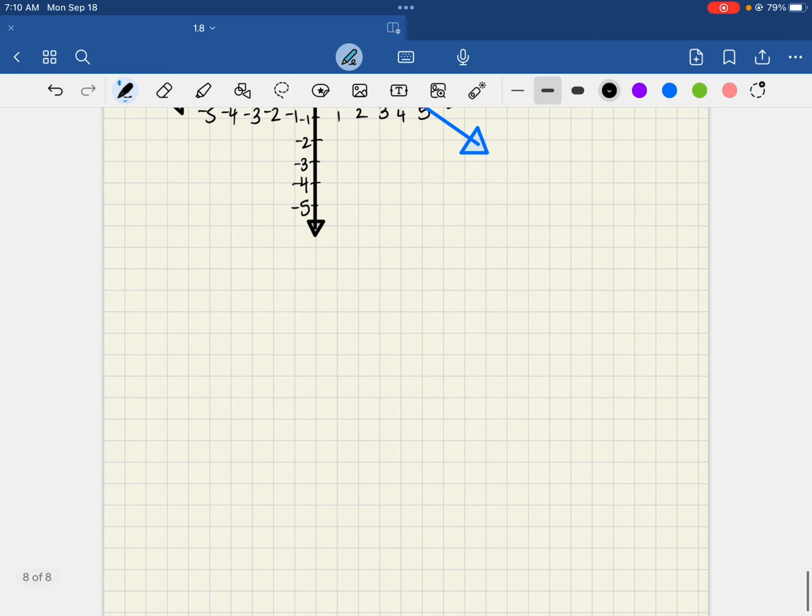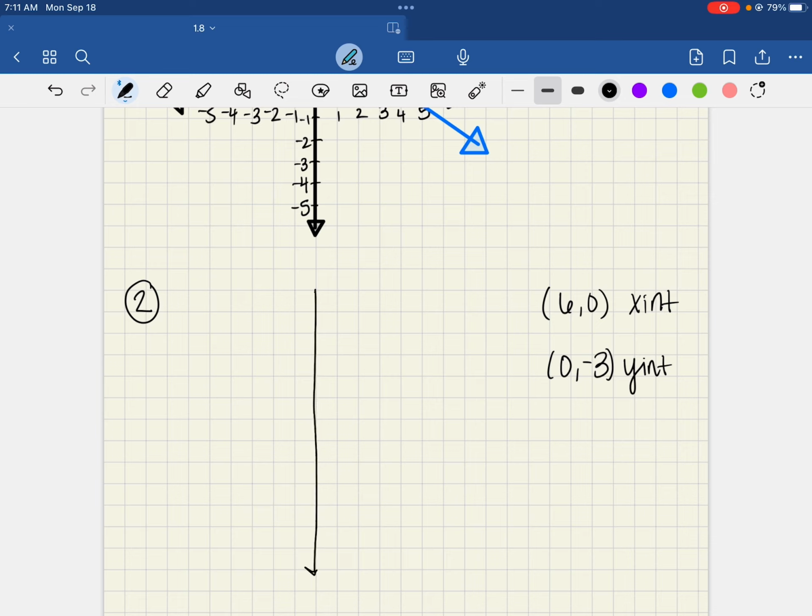Okay, for my graphing, I should have copied my grid before doing my last one. Hold pause or fast forward here shortly.